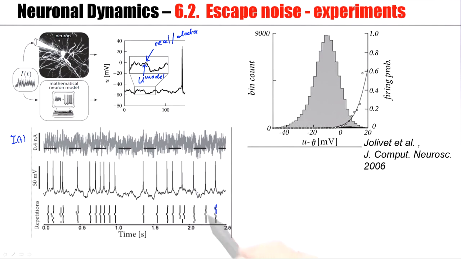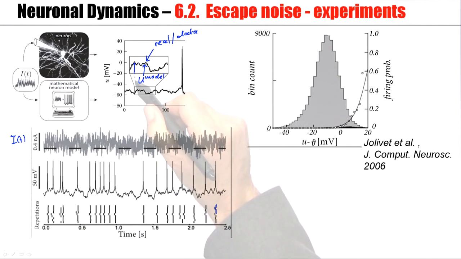So let's use this to our advantage so as to find out what the intrinsic noise sources of the neuron are, what this intrinsic escape rate of the neuron is. The way we do this is the following. Let's look at some value, say this point here.